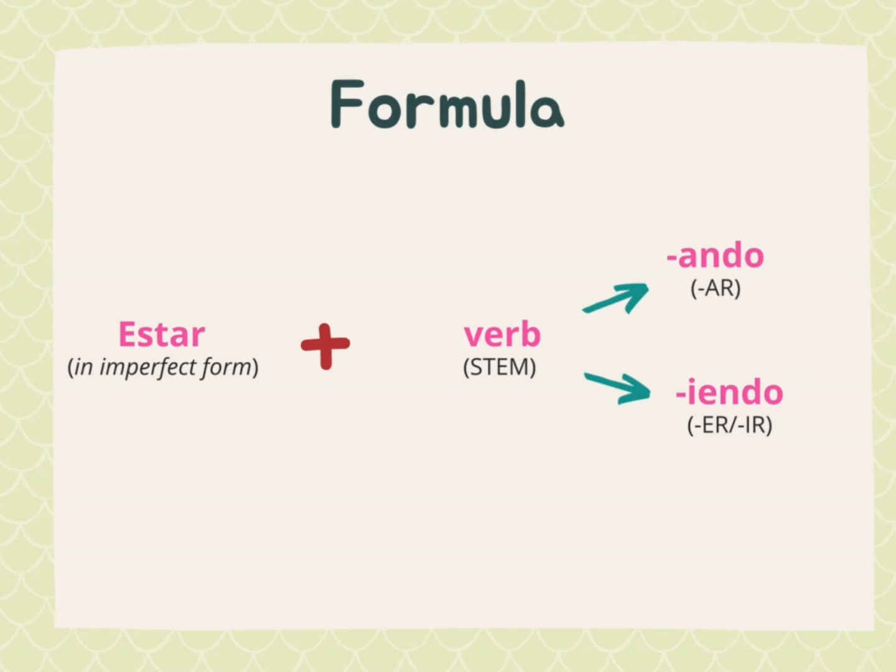Our stem is everything that does not include that AR, that ER, or that IR. And then depending what verb it was, we're going to add our ending. And remember our 2 endings, ando and iendo. Okay? Like if we were going to use that verb hablar, yo, first person, we know that for estar, our ending is aba, so yo estaba hablando.